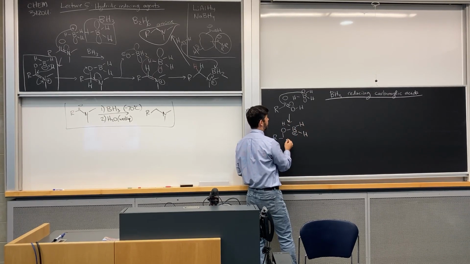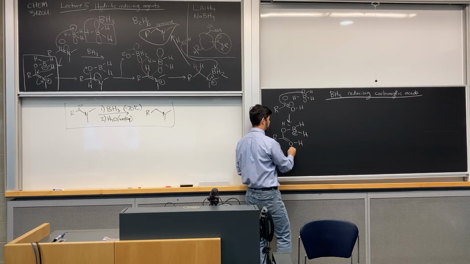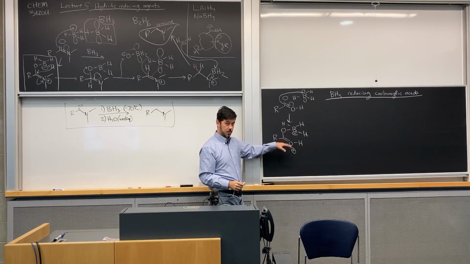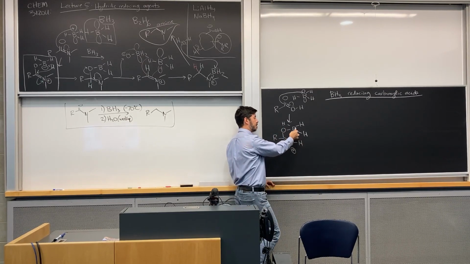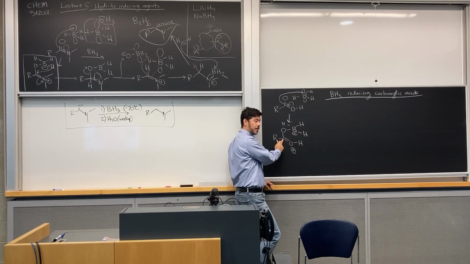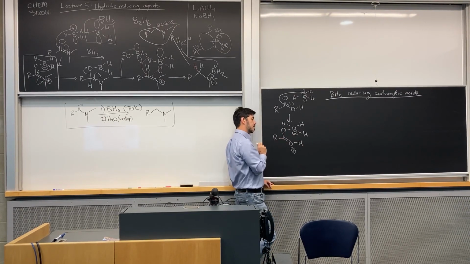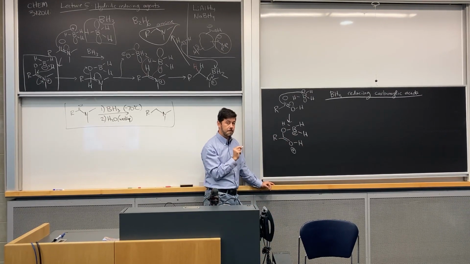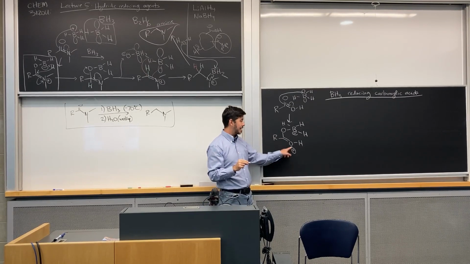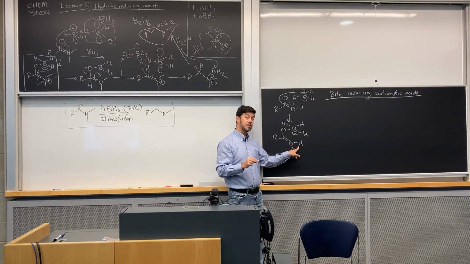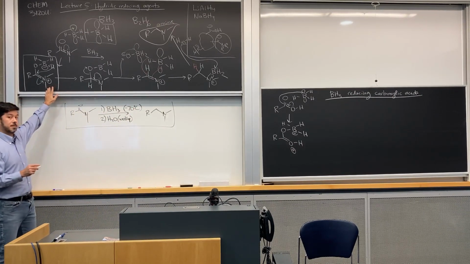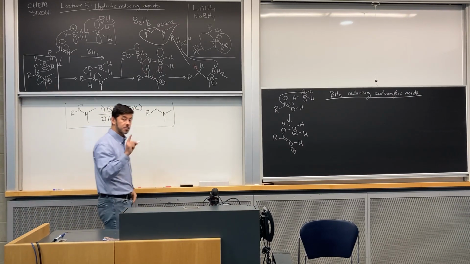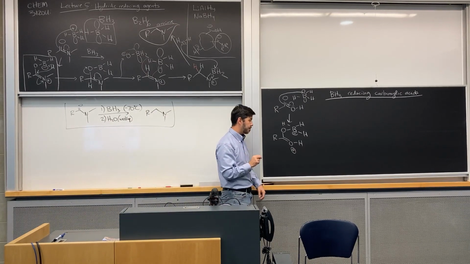We now have a negatively charged boron, and we have something that looks like this. Now, we have a nucleophile, and we also have an electrophile here. But what do you think is going to happen first? And the hint is that you have an acidic proton here. This is different from the amide, where you did not have any acidic protons. So don't forget, acid-base chemistry will happen first.